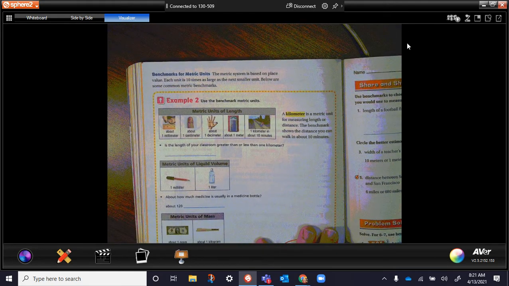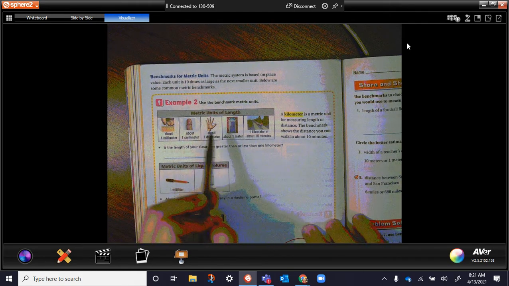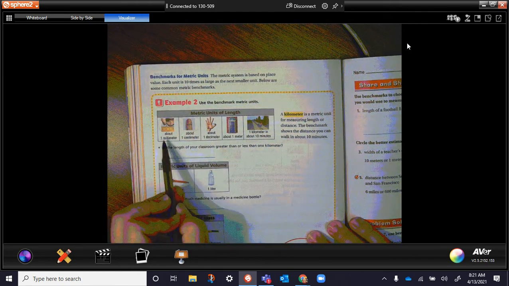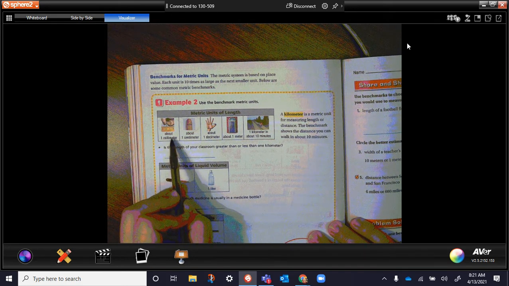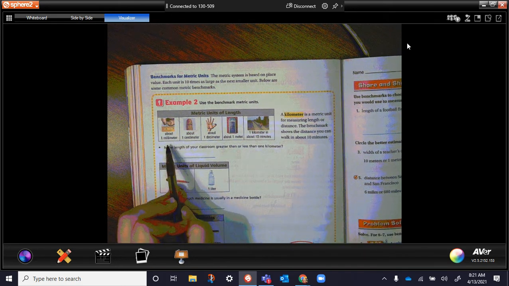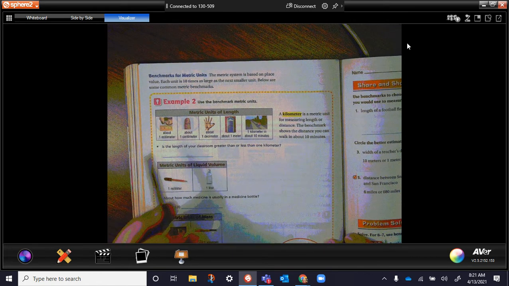All right, here we've got metric units of length. So we're starting off really, really small, and then we're getting bigger. So a millimeter, you can see, is just a little tiny space in between there on the ruler.